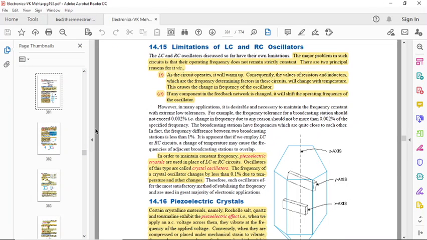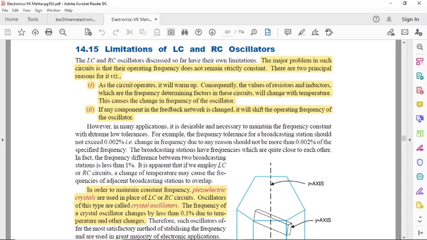Before going to crystal oscillators, let us look at the limitations of LC and RC oscillators. The major problem in such circuits is that their operating frequency does not remain strictly constant. There are many reasons, but especially the operating circuit will warm up.